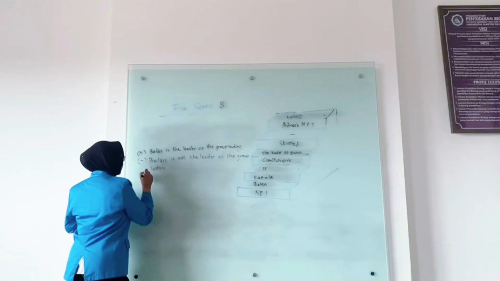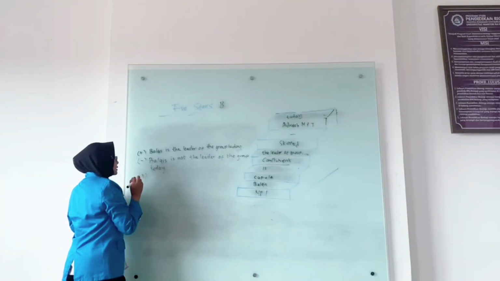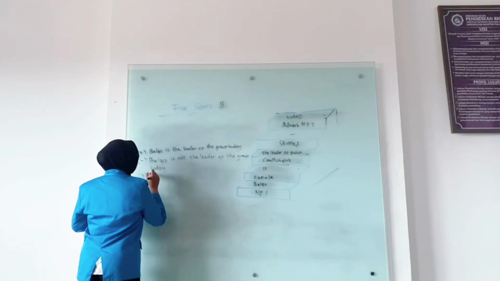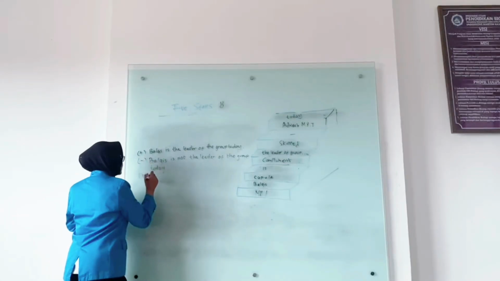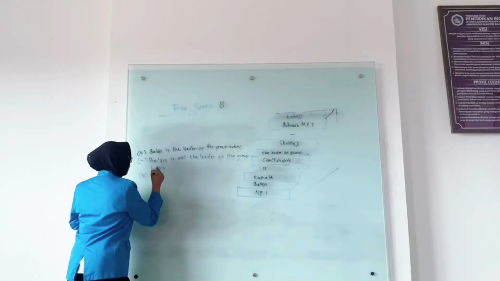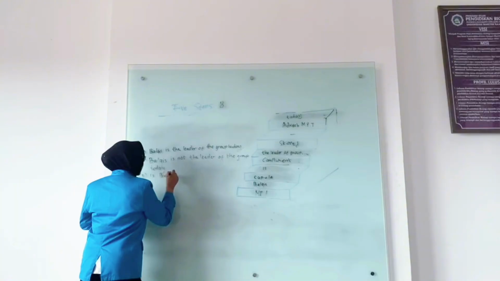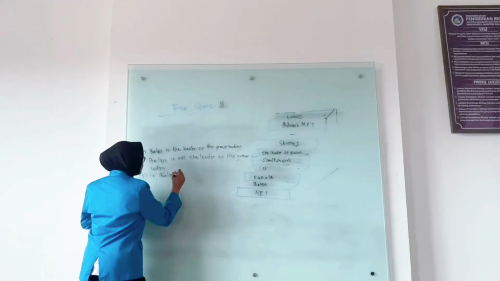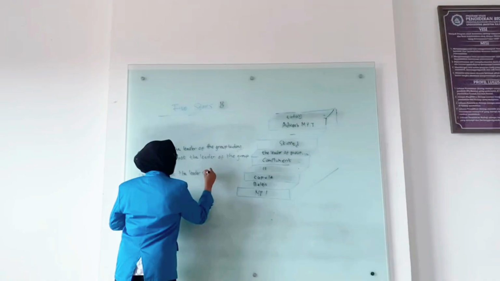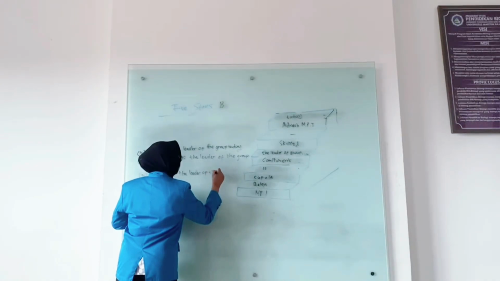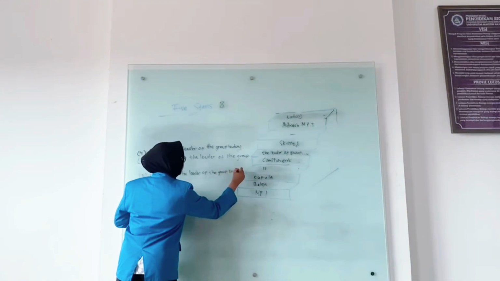Next, the interrogative sentence: the copula moves to the beginning. So it will be, is Balqis the leader of the group today?